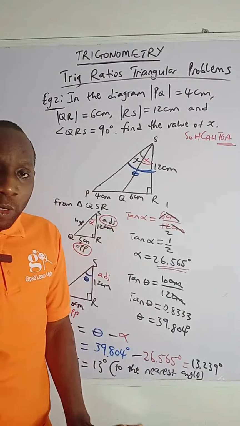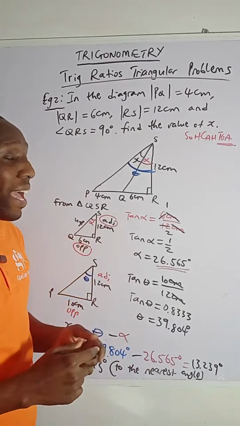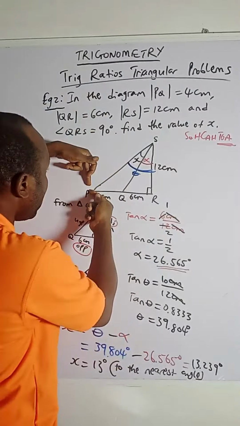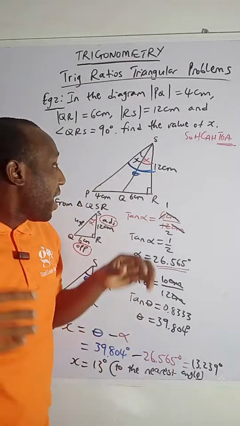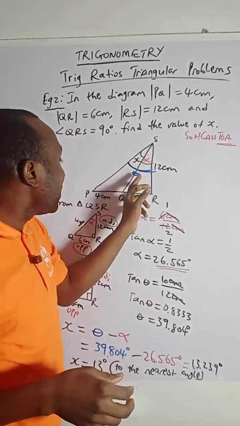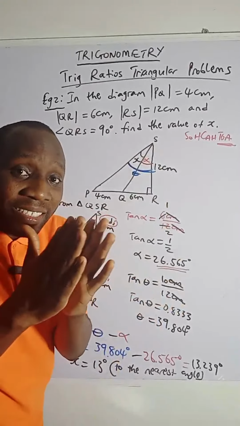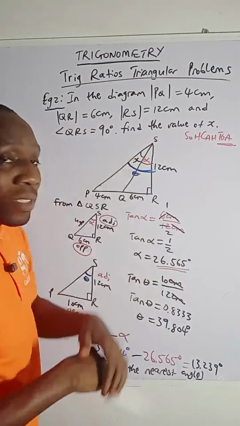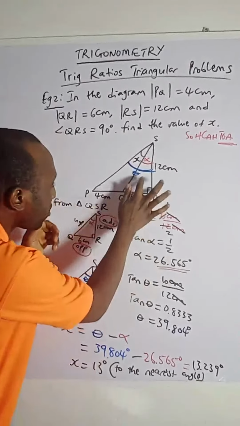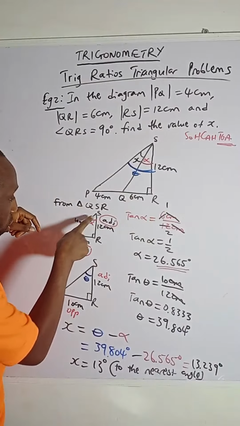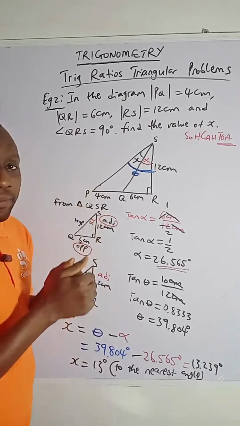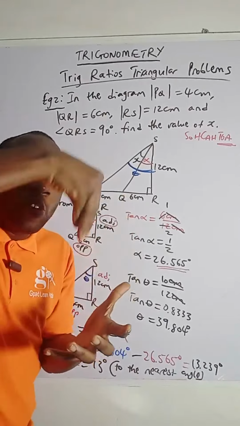Any question? I hope the way I explained it is very clear. All I had to do was get two angles, the big angle and the small angle. Angle PSR is the big angle. Angle x is between PSR and QSR, so once you take the difference between those two angles, that will give you angle x. I brought out the small right-angle triangle, triangle QSR, and I was able to get alpha, which is the angle included in theta.